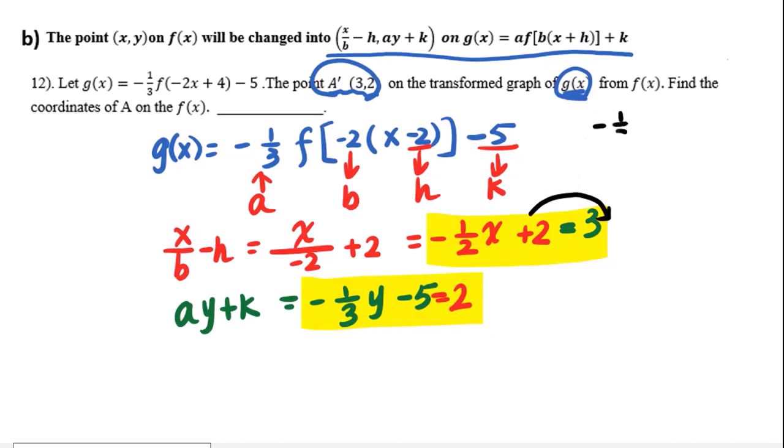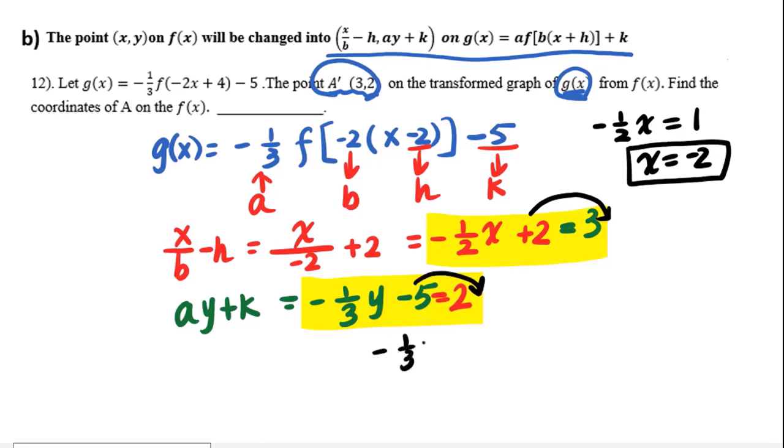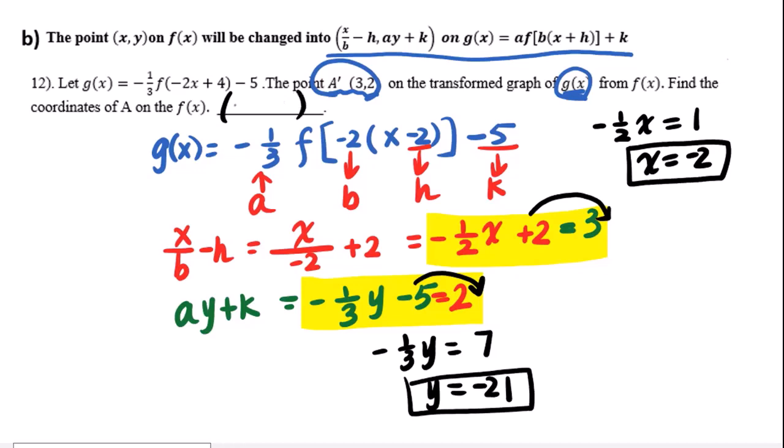You will get negative 1 over 2x equals 1. Then you multiply by negative 2 both sides. X equals negative 2. For y, cross the river, change sign. Negative 1 over 3y equals 7. Then multiply by negative 3 both sides, y equals negative 21. So the coordinate of A will be (negative 2, negative 21).